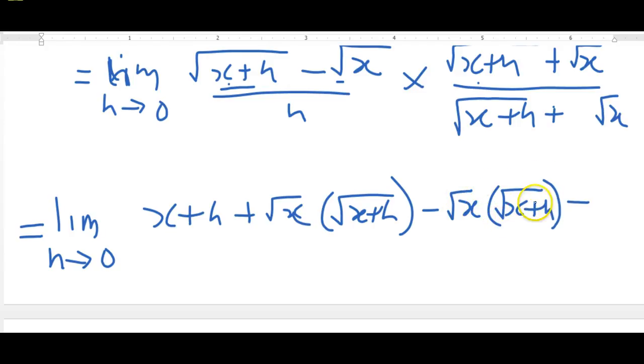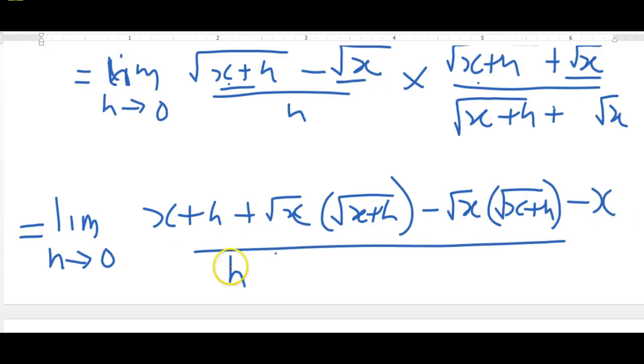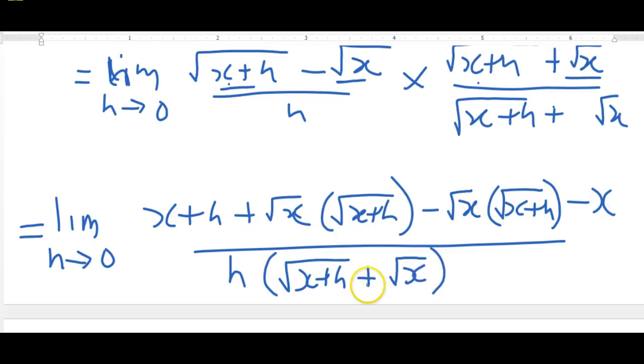Then minus, remember, square root of x times square root of x will give you just x, all divided by, we have h into bracket root of x plus h, plus square root of x, then I'll close the bracket so that it multiplies everything there.